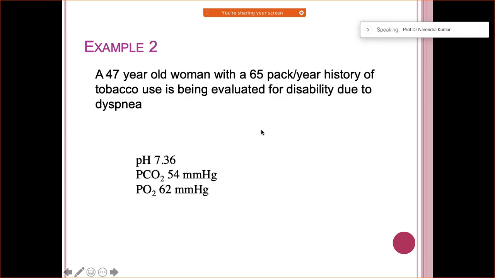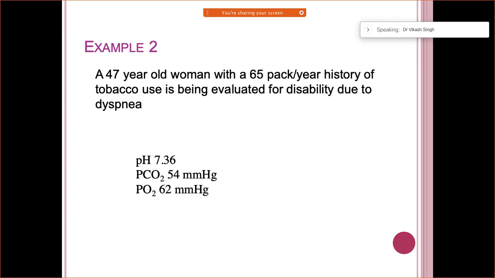A 47-year-old woman with a history of 65 pack-years of tobacco use is being evaluated for disability due to dyspnea. She comes to the ER, you are there, and you see this patient. You did an ABG, and this is what you obtained. So pH is 7.36.